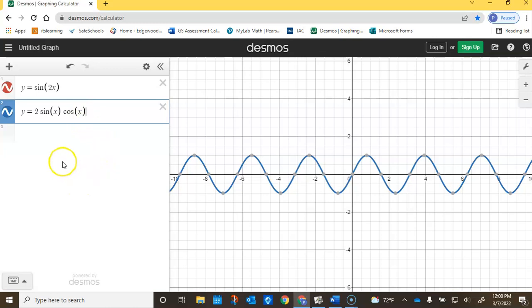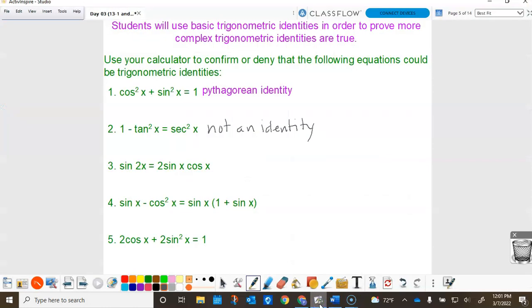Okay, and we've got that typed in with all of our parentheses, and we can see that they are the same. So this is verifying that these are one on top of the other. So I can go back and put this in, and we know that this is an identity, and specifically that it's the double angle identity. Okay, so that takes care of that.